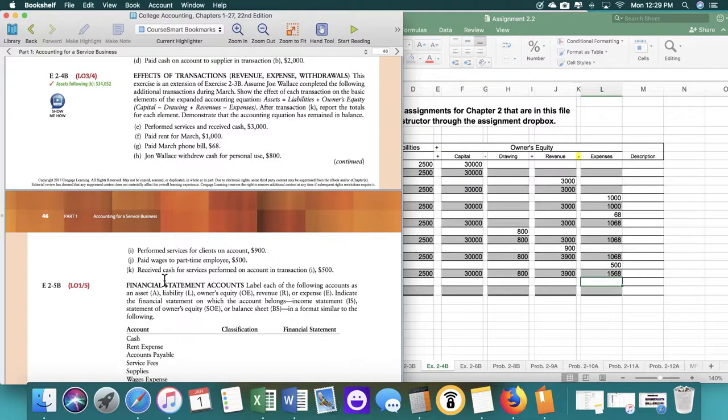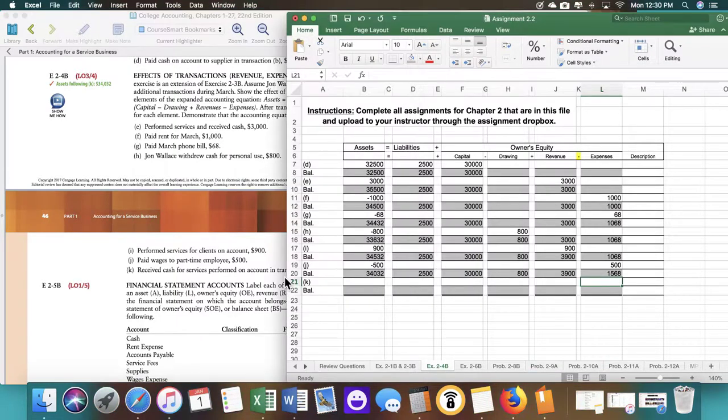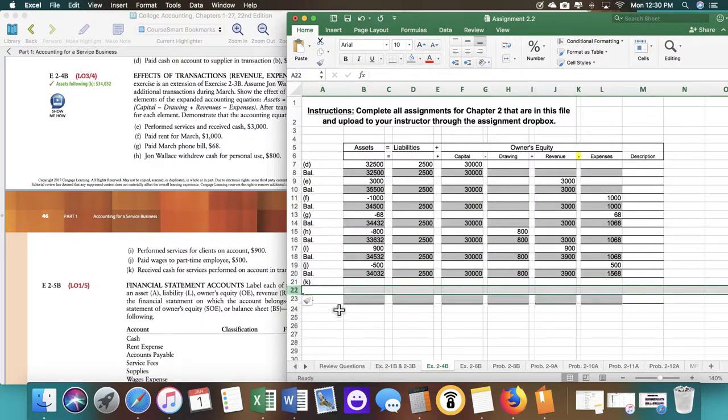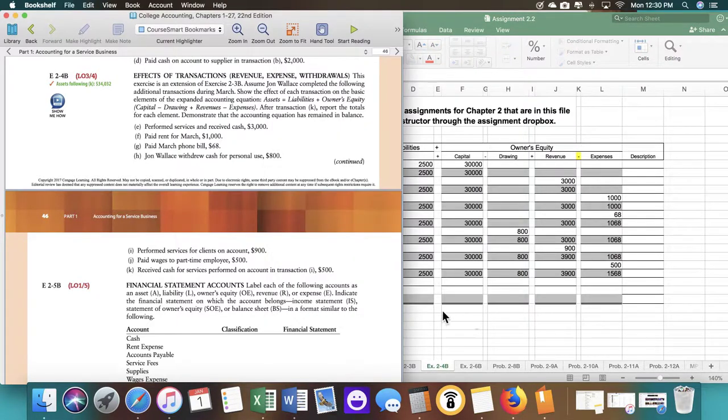Here we received cash for services performed on account in transaction I. So we're going to actually have two transactions that we're going to do for letter K. So the first one is we received cash, so we're going to increase our cash of $500.